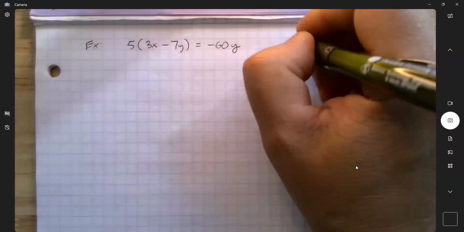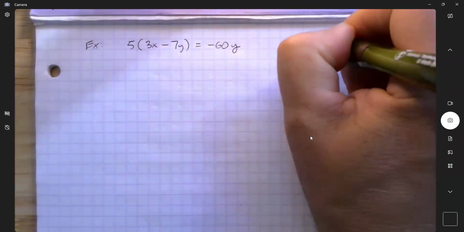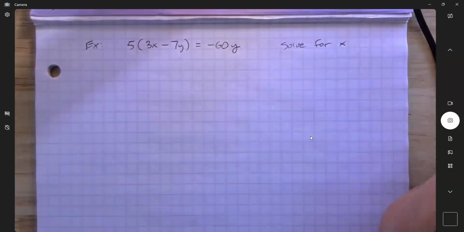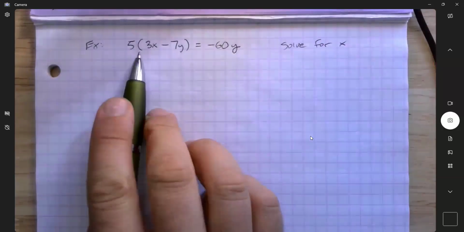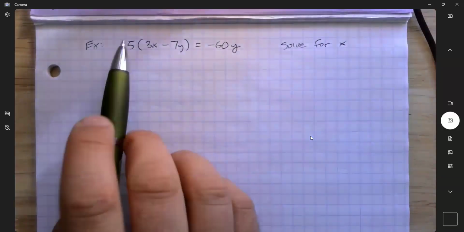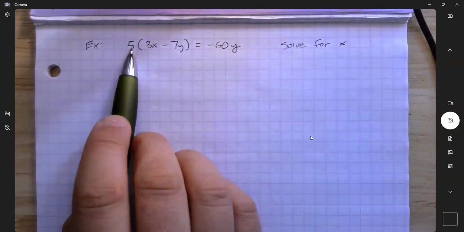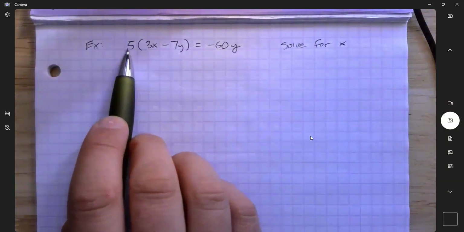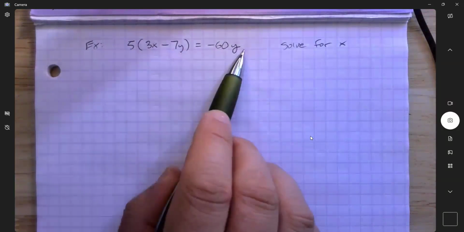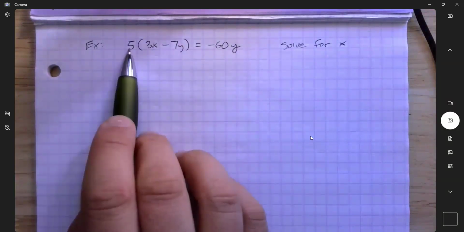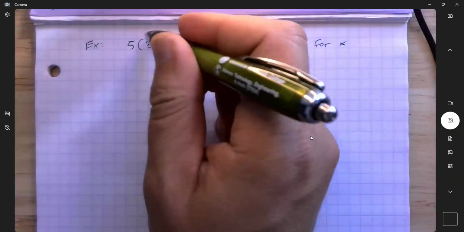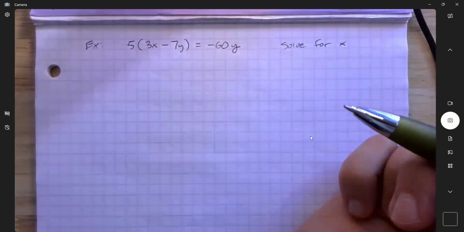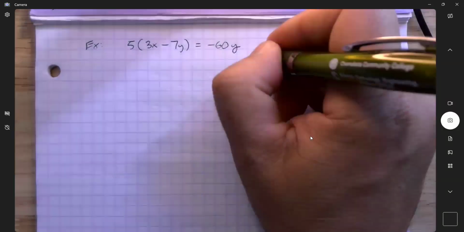And let's solve this for x. Couple of ways to do this, actually. We have an option. We could divide by 5 to get rid of the 5, or we could distribute and multiply both of them by 5. I think I'll do them both ways.